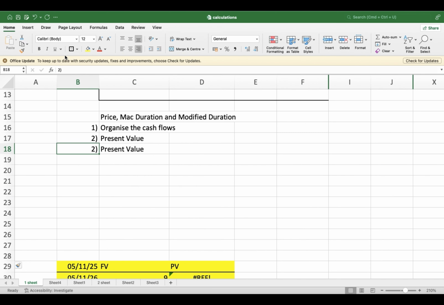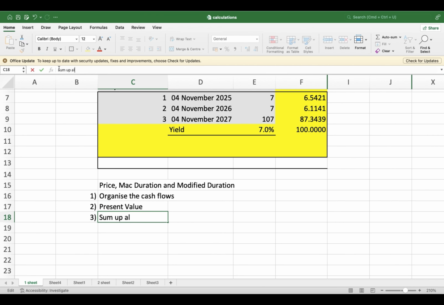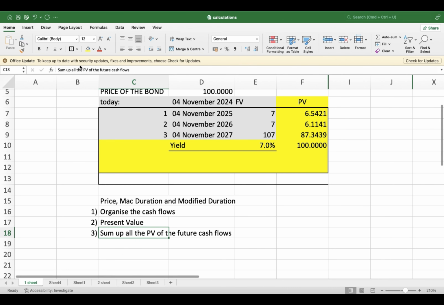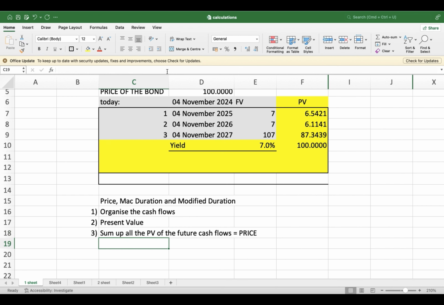This is present value. Then we sum up all the present values of the future cash flows. This equals the price. So the summation of all the present values of the future cash flows is 100.